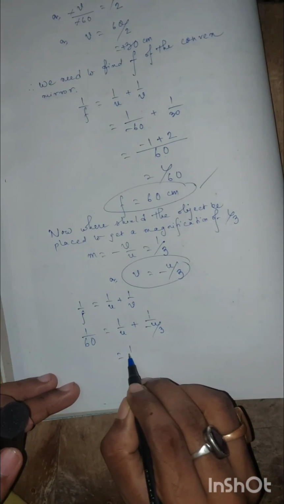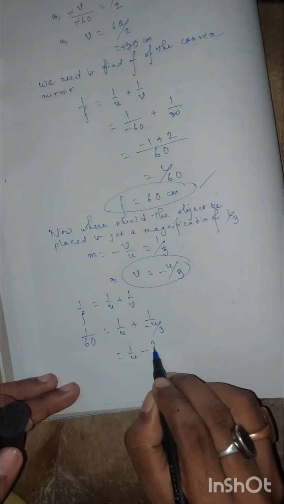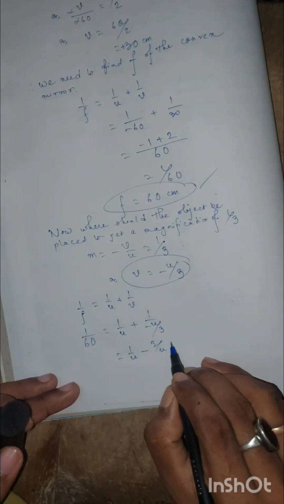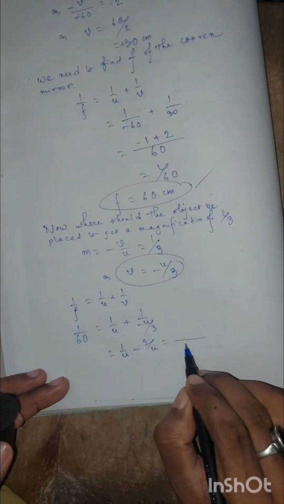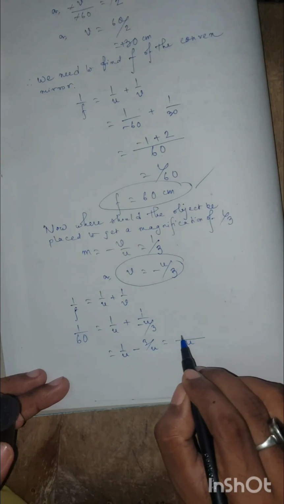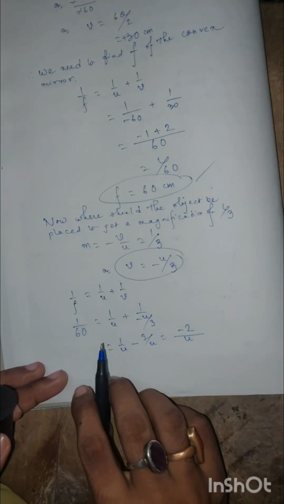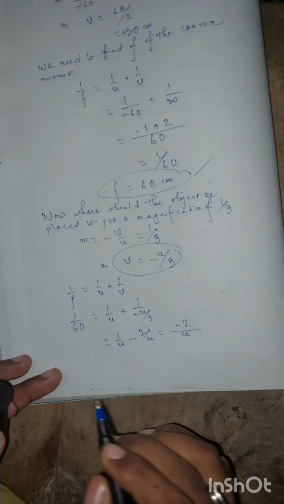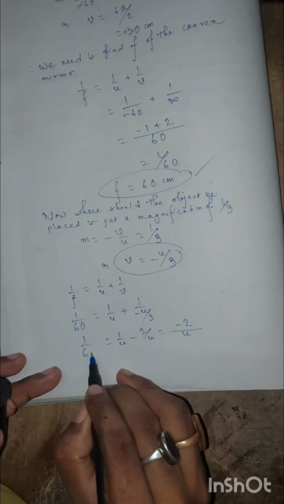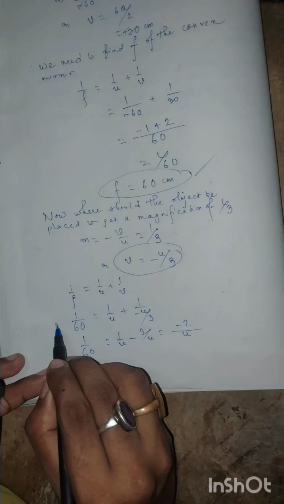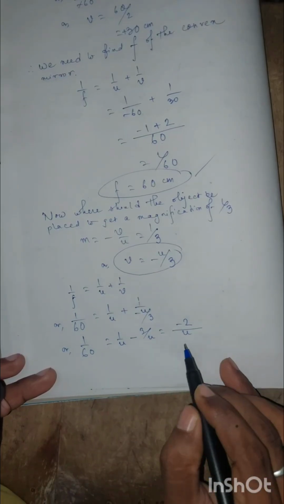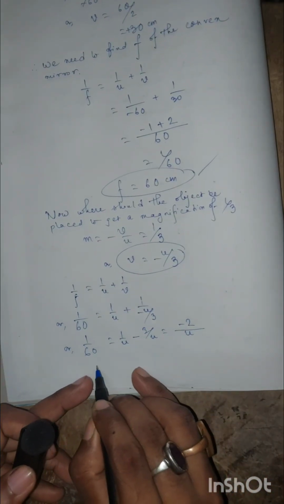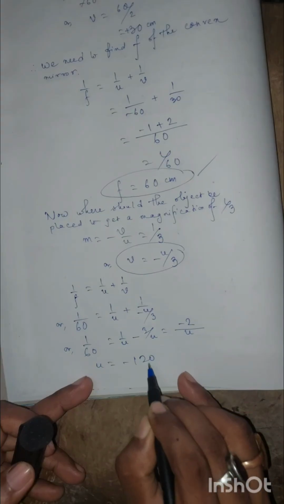So it becomes 1 by u minus 3 by u, which gives us 1 minus 3, that means minus 2. So this is what we are getting. 1 by 60 is equal to minus 2 by u. So u is equal to minus 120.